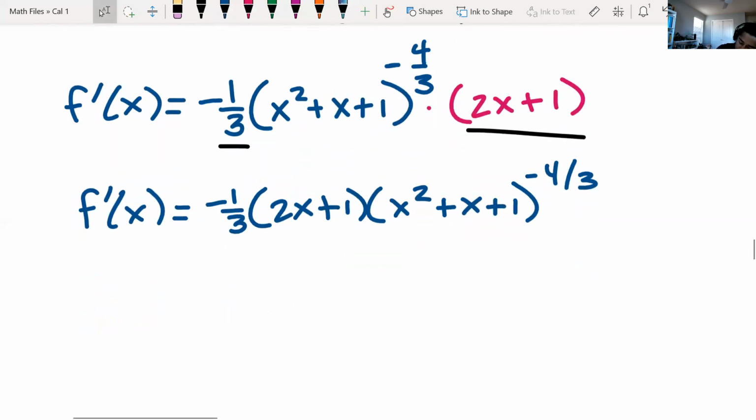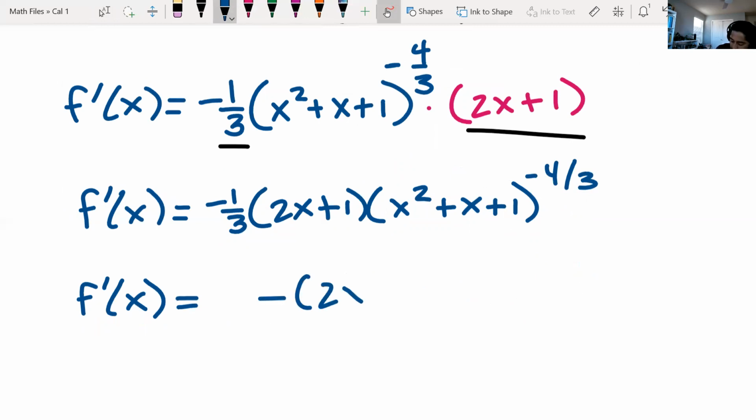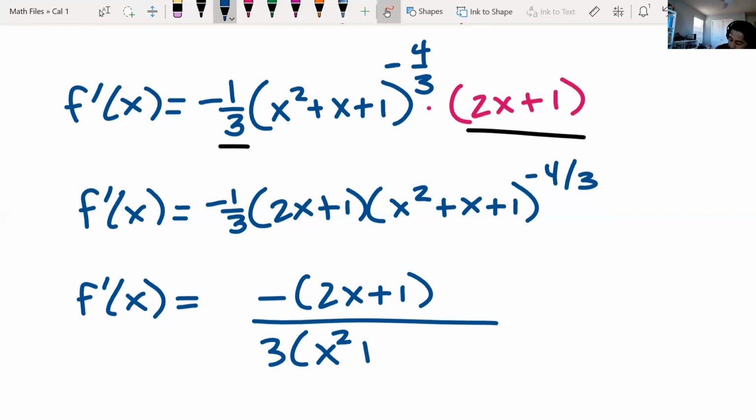And then we're going to get f prime of x as, and here's my almost final rewrite, negative 2x plus 1 over 3 times x squared plus x plus 1 to the 4/3.